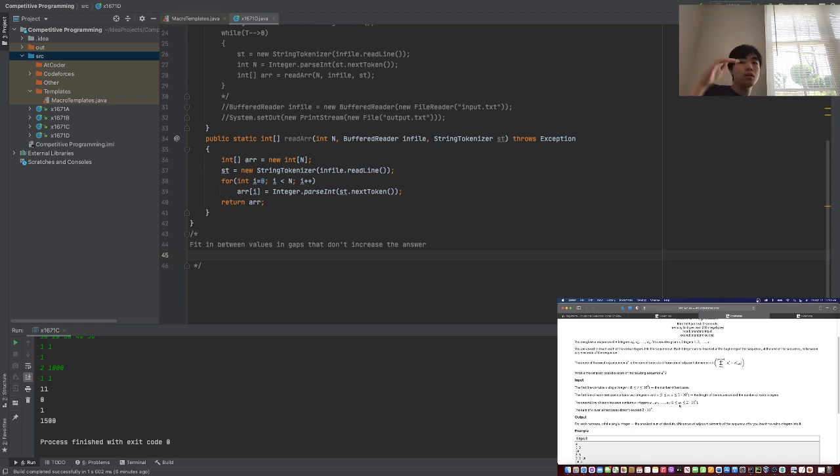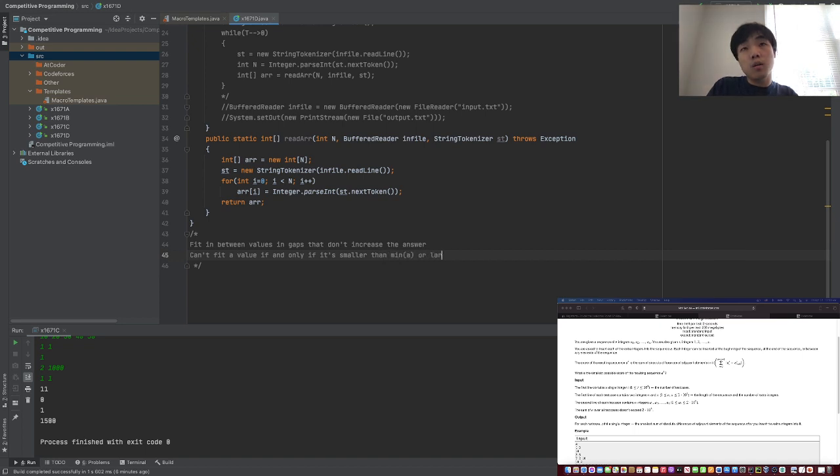At some point, from the minimum to here, there will always exist a point where it goes up. It's kind of like IVT. So I think we can't fit a value if and only if it's smaller than or larger than this.